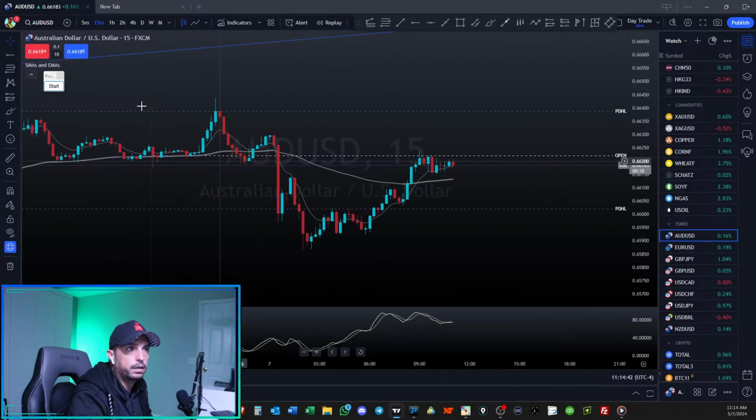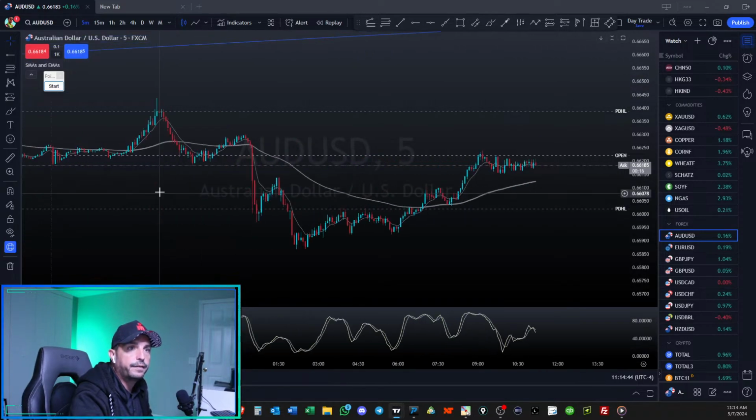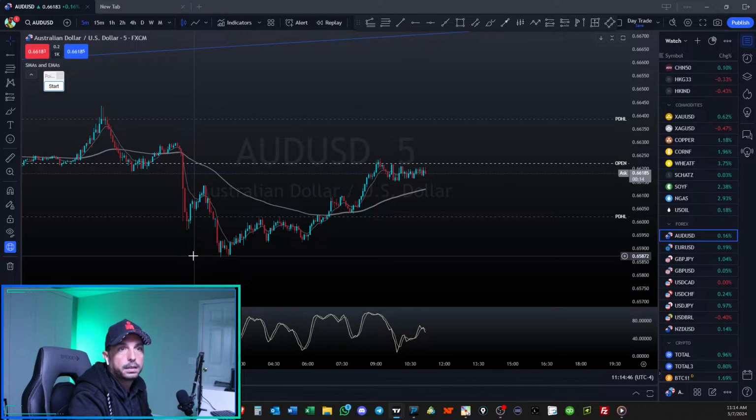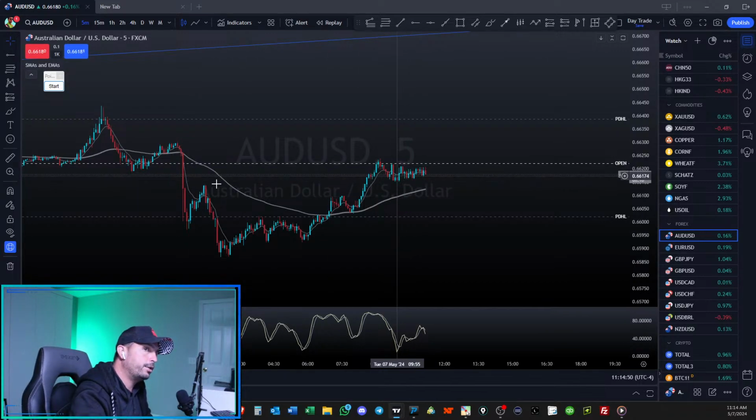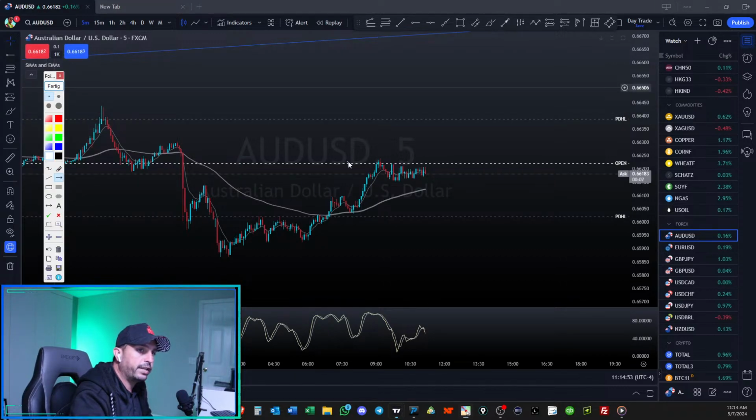Let's wait here. We're on the 15. All right, let's go to 5 minute. See, consolidating. I like this consolidation. You know what it means? When it's consolidating right there, not moving, eventually it's going to break.